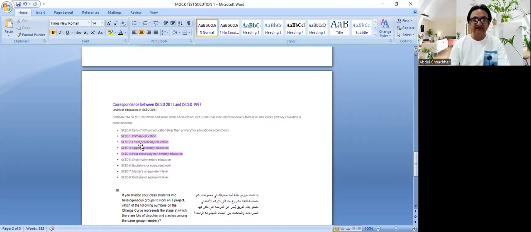So this is the one thing, and the second thing, as you can see here, the levels. So the school levels are 4. One is primary, lower secondary, upper secondary, and post-secondary, which is non-tertiary. That means they are not related with the university. Okay. However, if they ask you the question cumulatively, then there are 9 levels of education, including early childhood, which is denoted by 0.